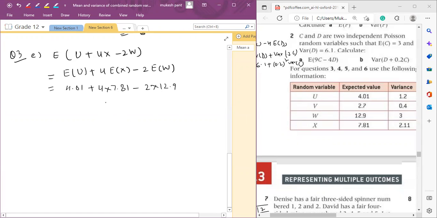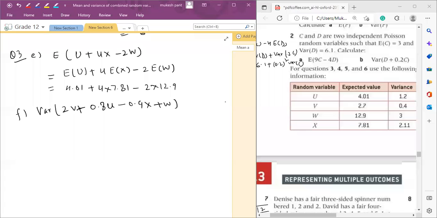The basic thing we have understood, how we can combine two or more variables with respect to their expected value and variance. Okay. So one question of variance we can take. So guys, look here. How do we open this? We will write 2V, so the coefficient of V is 2.